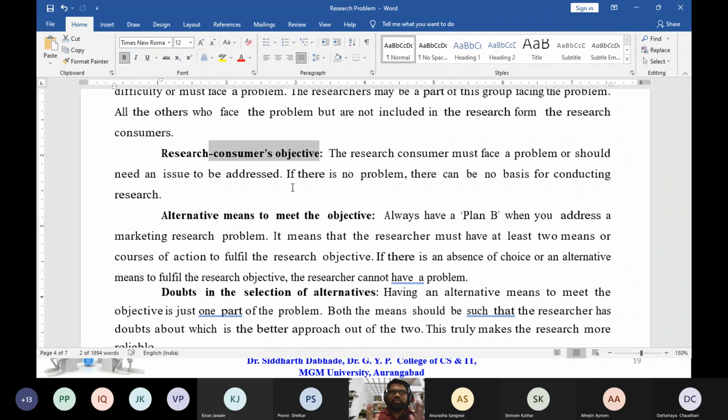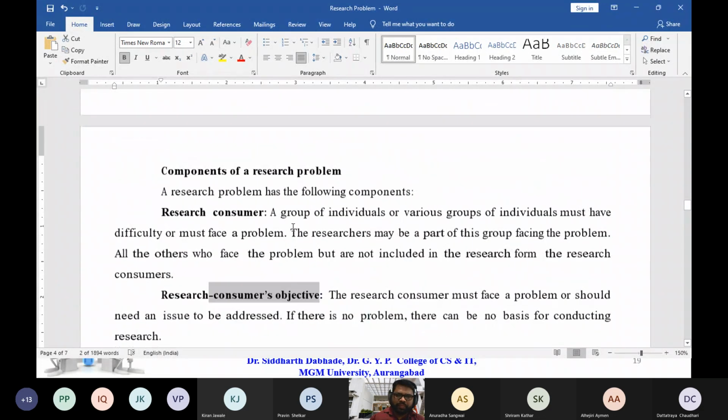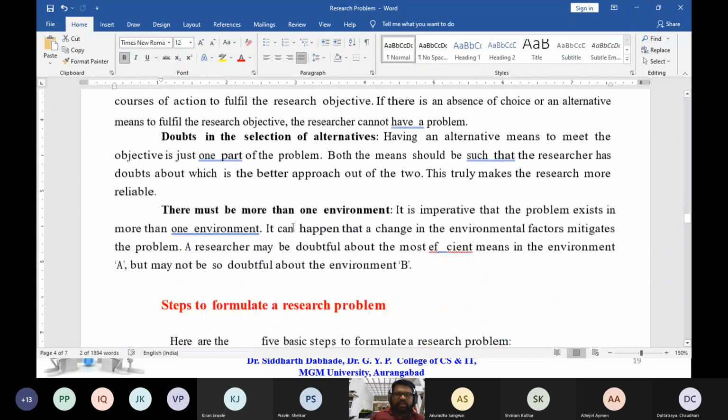Whenever we have certain goals, we have to set plan A, plan B, plan C. If plan A fails, what is the alternative plan B, plan C? In this manner we need to set your research plan.